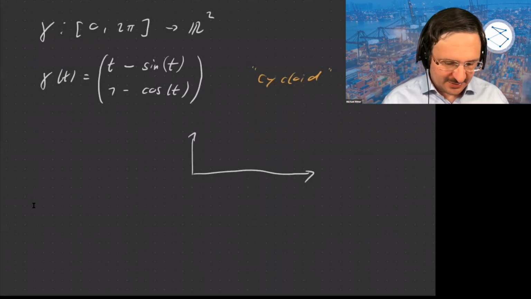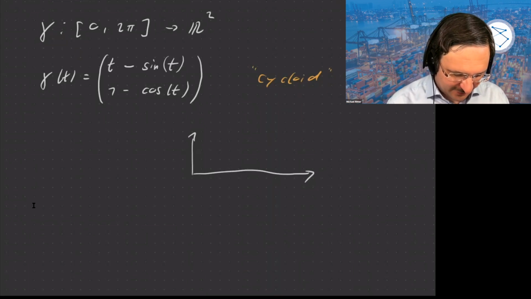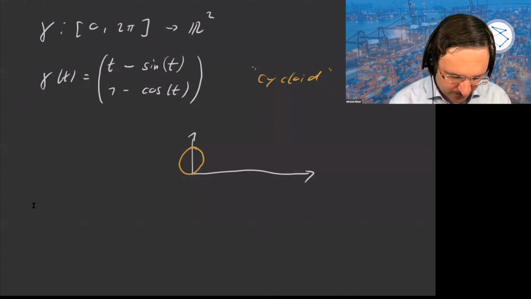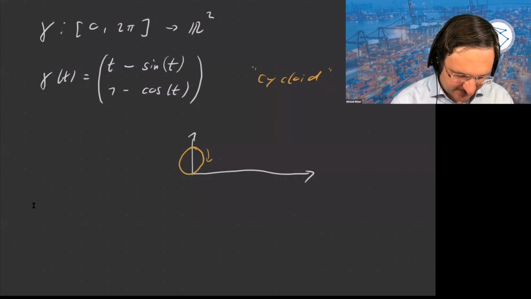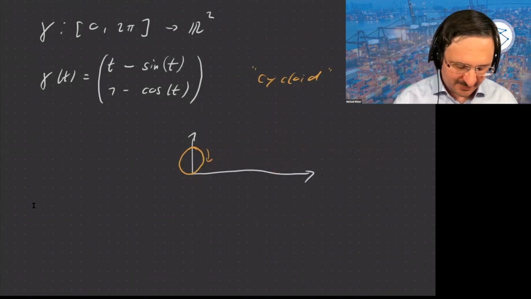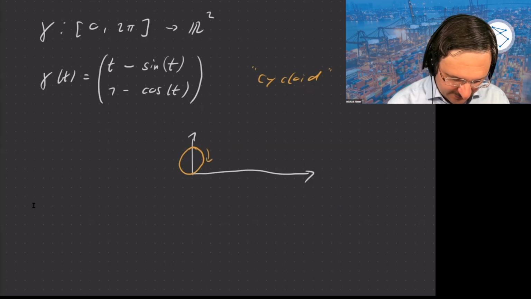So just to mention that, say you have this round wheel, and you start to roll that wheel in this direction. So it moves this way along your axis, along your plane. And then you track this point here.